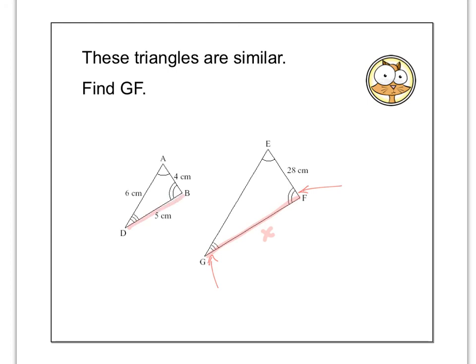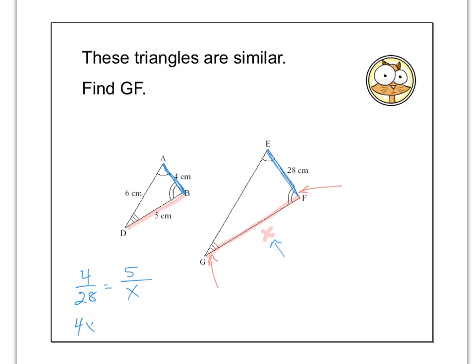Now we're going to have to use another side and do a proportion. So let's use the 28. And the 28 matches up with the 4. Now we can write a proportion. So 4 over 28 equals the 5 over x. And we're going to try to figure out how long this side is. Cross multiply.